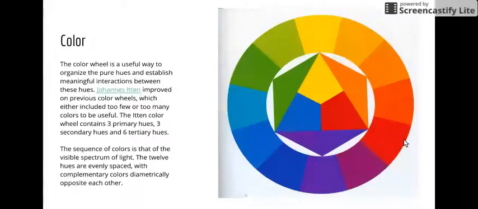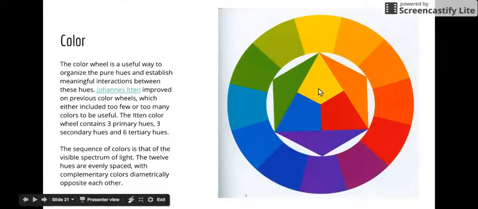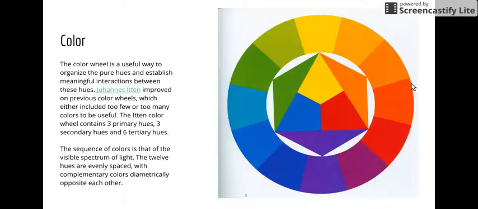The Eaton color wheel contains three primary hues: red, yellow, blue, three secondary hues: green, orange, and violet, and six tertiary hues, which would be red violet, red orange, yellow orange, yellow green, blue green, and blue violet. The sequence of colors is that of the visible spectrum of light, the same thing that we would see separating light with a prism.